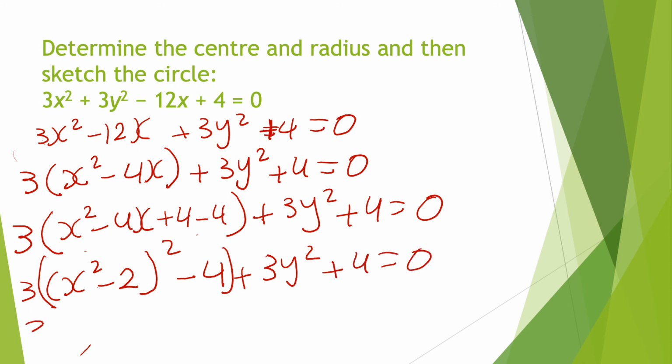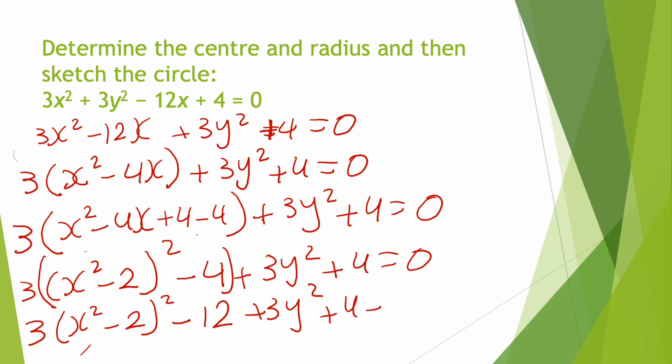Now I can expand, so I've got 3 times (x minus 2) squared minus 12 plus 3y squared plus 4 equals 0. Now those two gives me 3(x minus 2) squared.